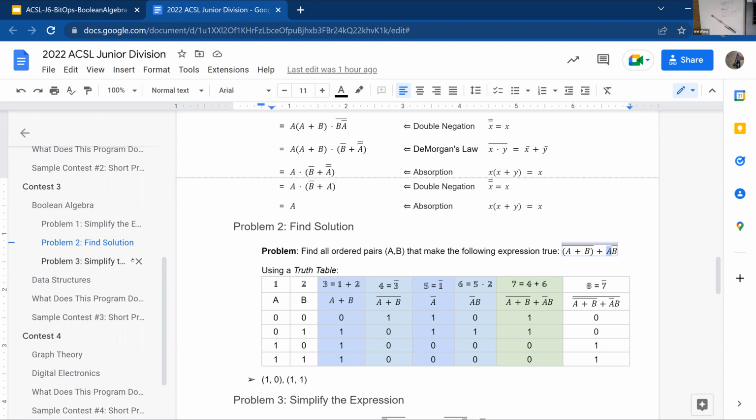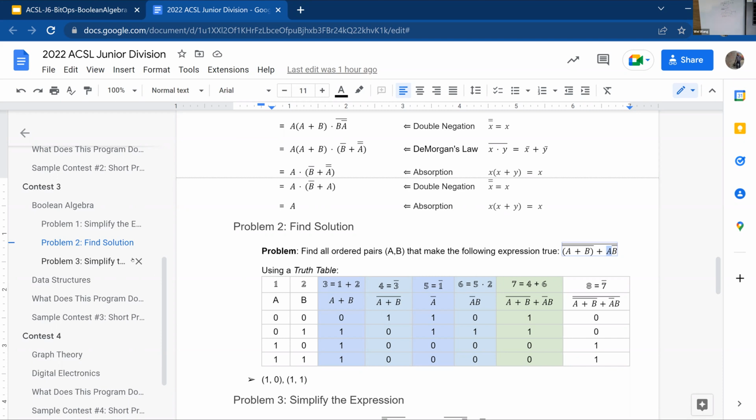So we break them apart in this way. So you got A or B in there, so we do this operation, A or B, and these are their values. And then not A or B is this part of the expression.